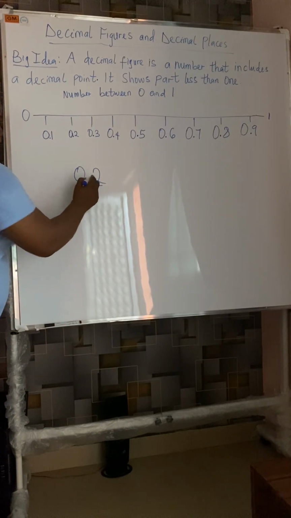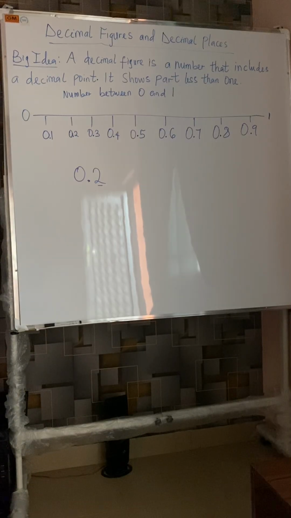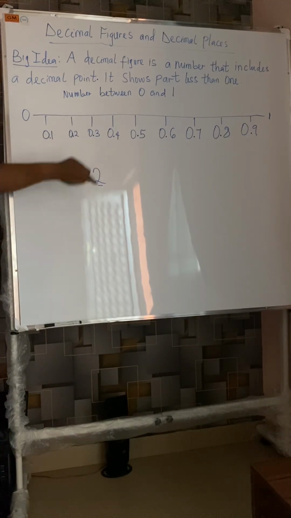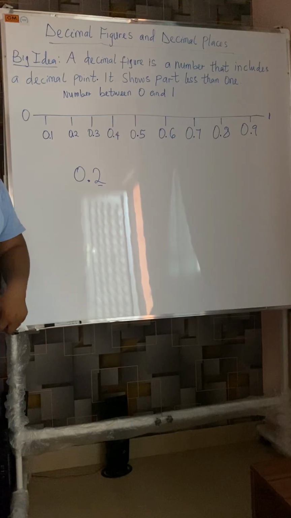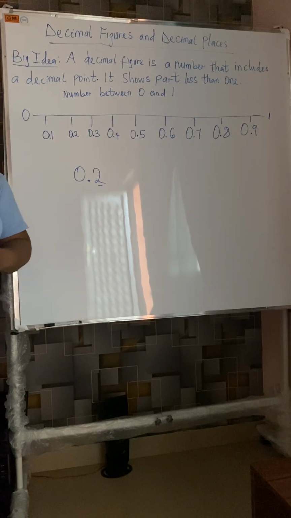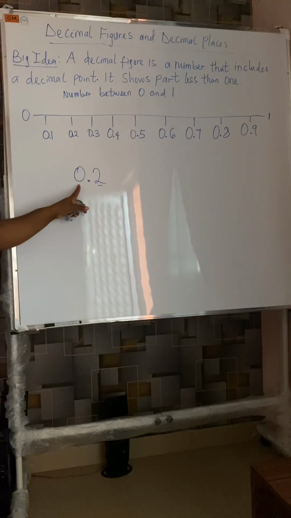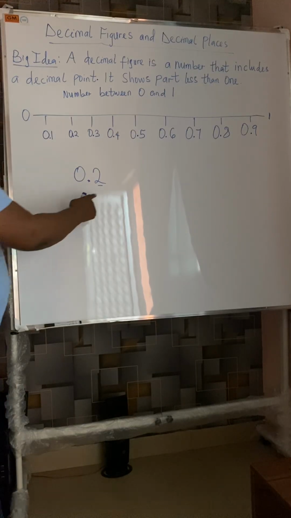Alright, so this is one fact that we need to take note of. After the decimal point here, there is a position. And what do we call this? The first position, or the first place immediately after the decimal point, is called the tenth.